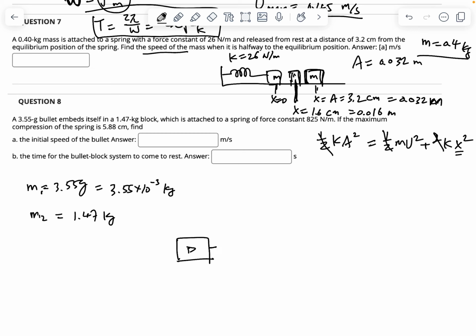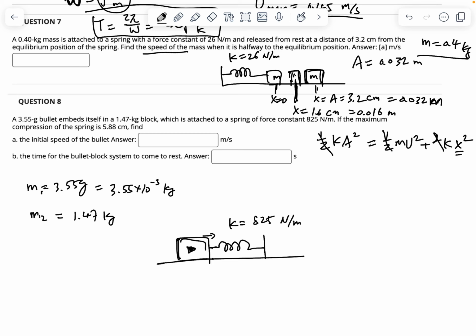The spring constant K equals 825 N/m. If the maximum compression of the spring is A, we have a bullet and a block that move together to compress the spring.